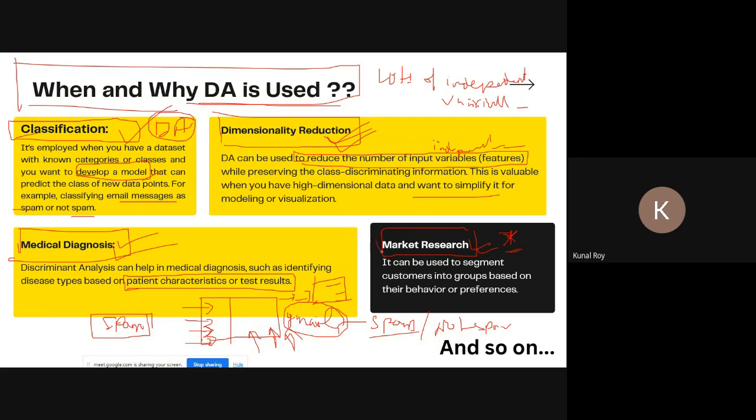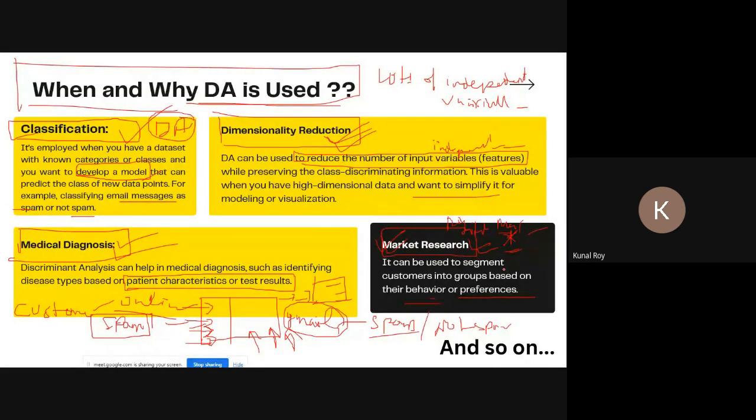Currently market research is trending, which is used to attract the customers regarding their behavior and preferences. What the customer wants specifically, as the online approach of marketing is going on. An example is digital marketing. We can say digital marketing is also one type of model for discriminant analysis.